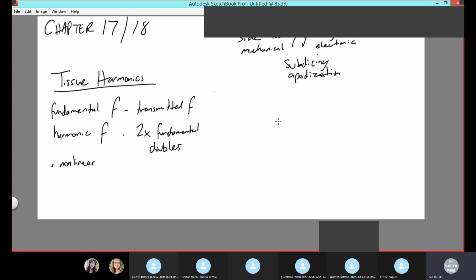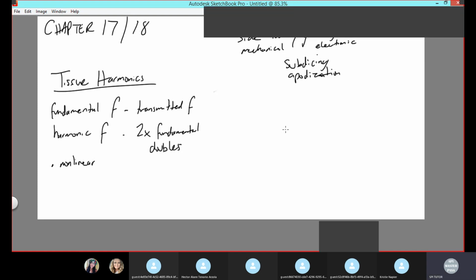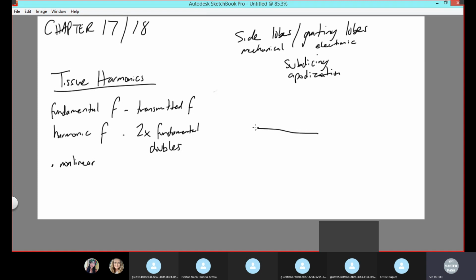Okay. What would side lobes look like? I hate side lobes. So side lobes. The perfect example is a parasternal long axis of the heart.